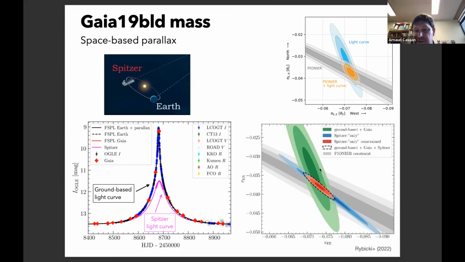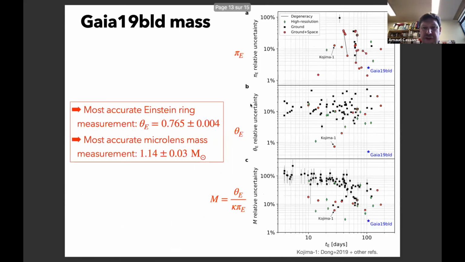It has also been possible to test some new methods to deal with space data, which are a bit dangerous because they don't always apply. But this time, it shows that these data are very similar. So at the end, we measure the parallax to a very good precision with just what I have shown you.